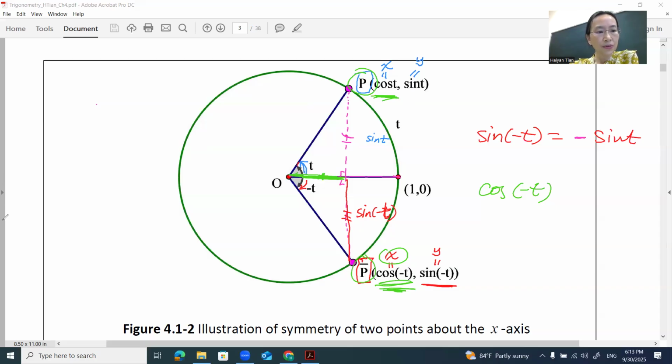So this is to show that cosine positive t and cosine negative t are the same, are equal, because yeah, in the graphical representation, we see that.